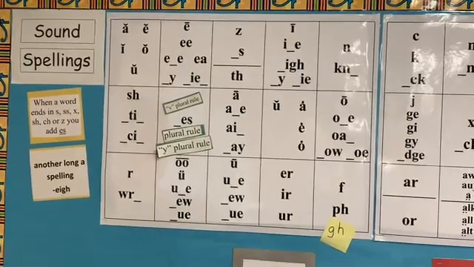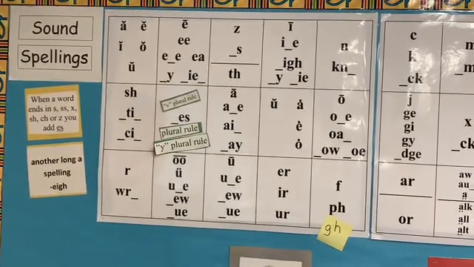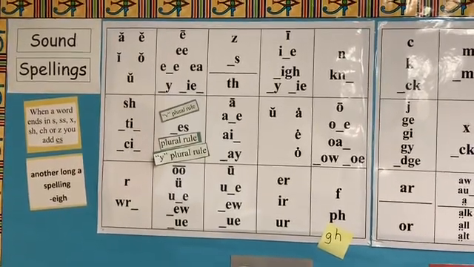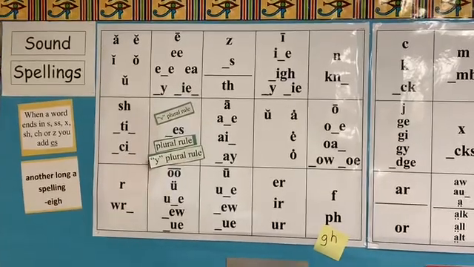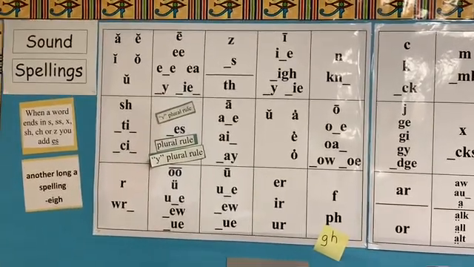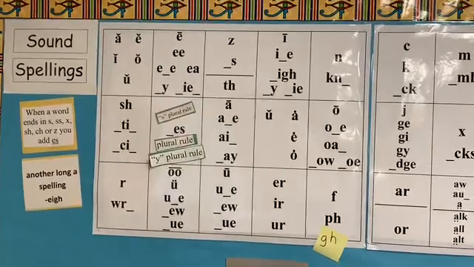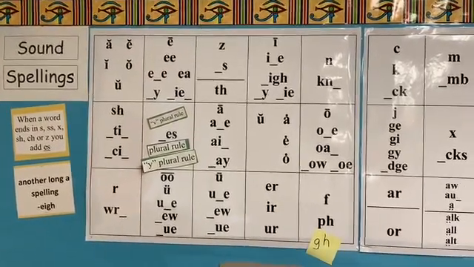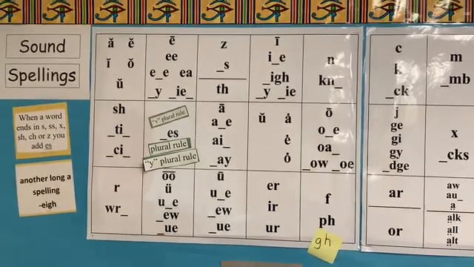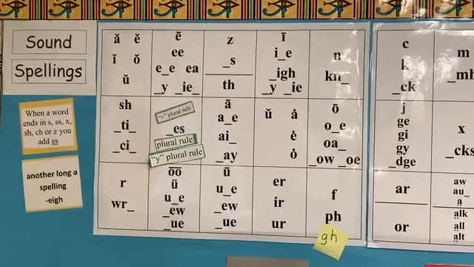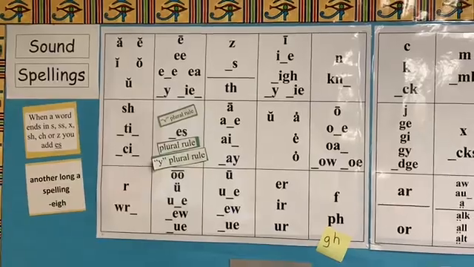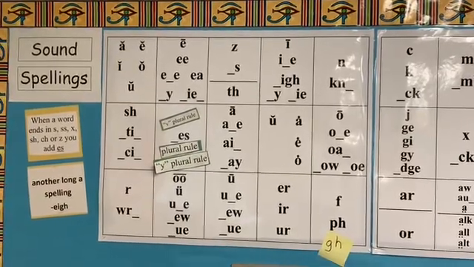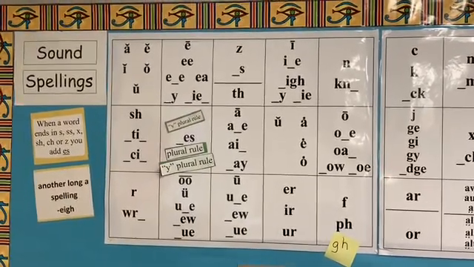Sound. R. Spellings. RWR blank. Sound. Ooh. Spellings. Double O mark, 2 dot U, U blank E, blank E-W, blank U-E. Sound. U. Spellings. U mark, U blank E-W, blank U-E. Sound. Spellings.